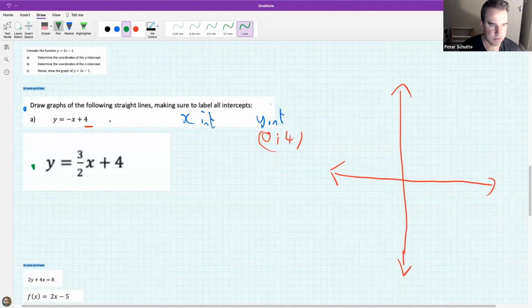And the x-intercept is going to be 4, 0. So those are the intercepts for my first graph.